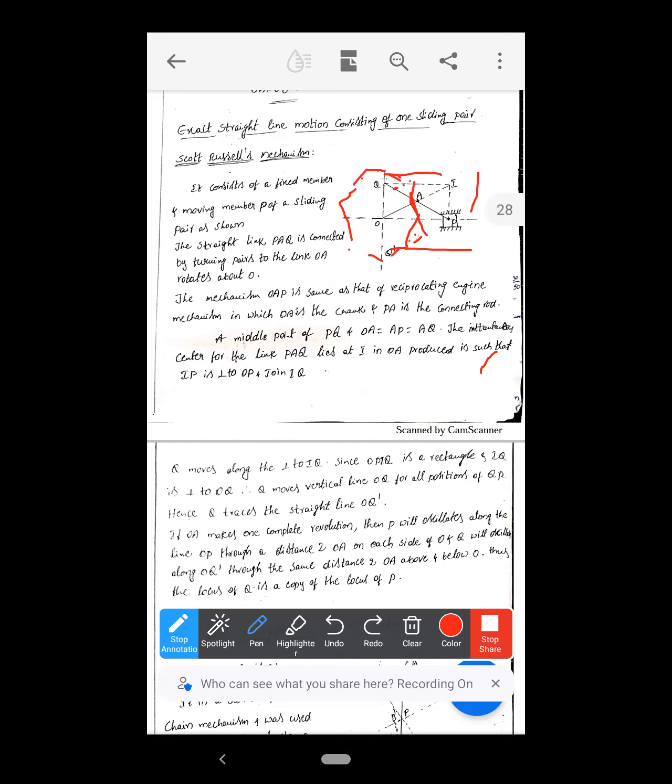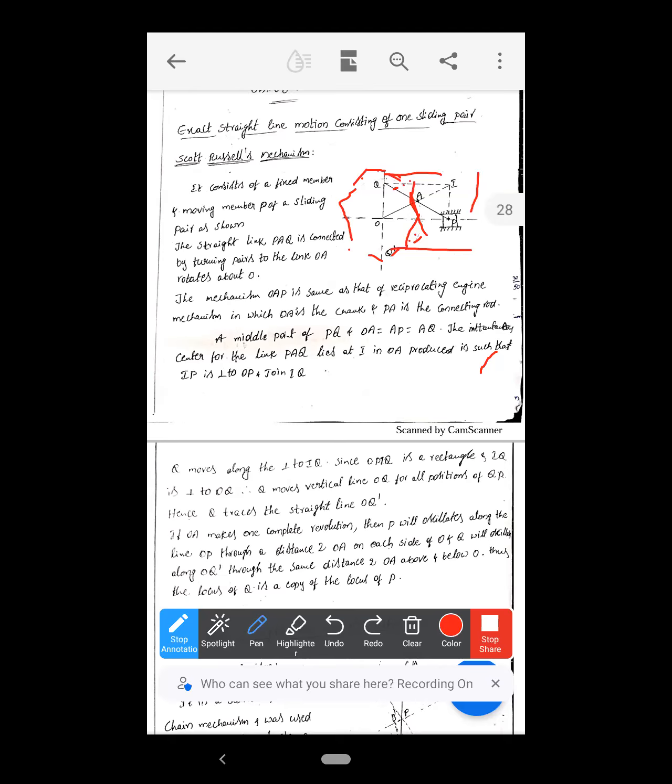When the crank makes a revolution, the point Q moves. If you observe Q to Q dash, the Q point moves in a straight line.